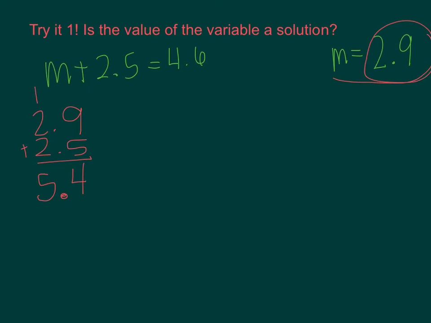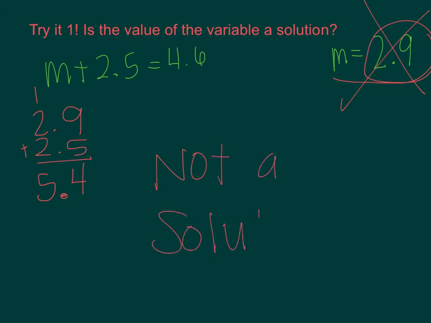The equation said m plus 2.5 should equal 4.6. So 2.9 is not a solution for this problem. Not a solution, because it gave us the wrong answer from what the equation had.